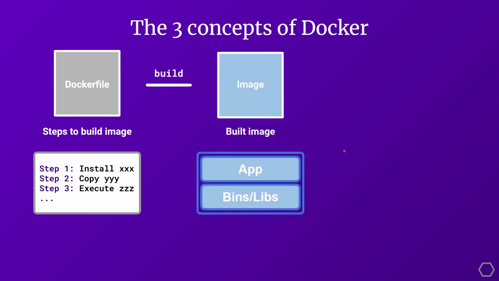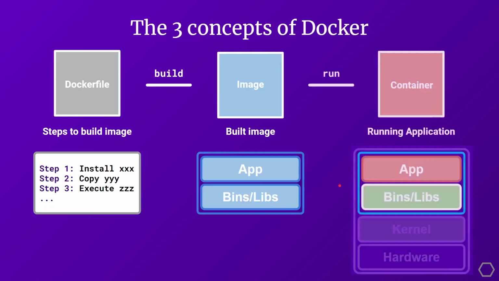After you follow all of those steps, the resulting thing that you'll have is a Docker image, a packaged version of all of the dependencies that you need and your application. And lastly, we have a container, which is a running instance of your image. So you have your Dockerfile, you use that to build your Docker image, and then you use that to run your Docker container. And now you have the Docker container running and doing its wonderful Docker things.